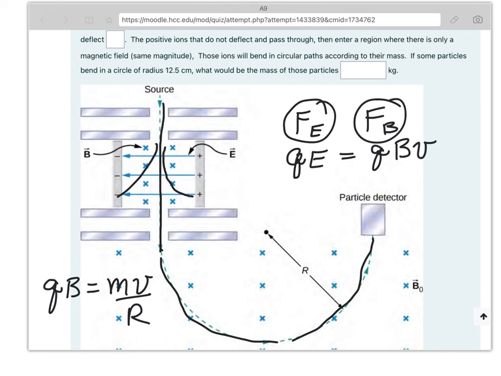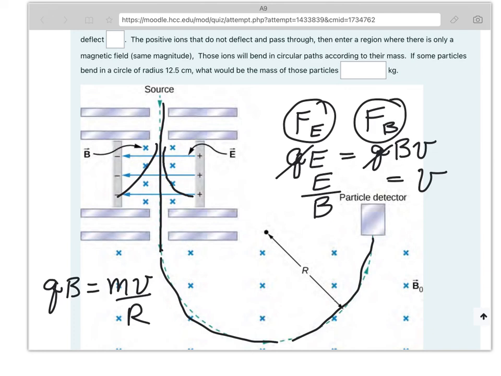And so notice that Q is on both sides of the equation. If the velocity is equal to the ratio of electric field to magnetic field, then a particle of that velocity will have equal and opposite forces.